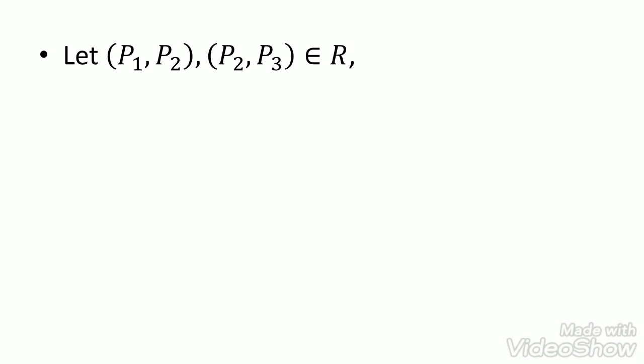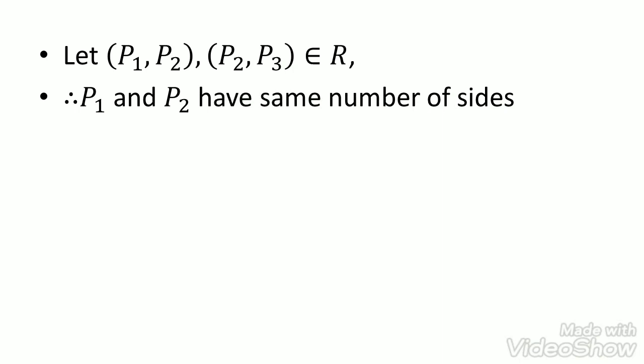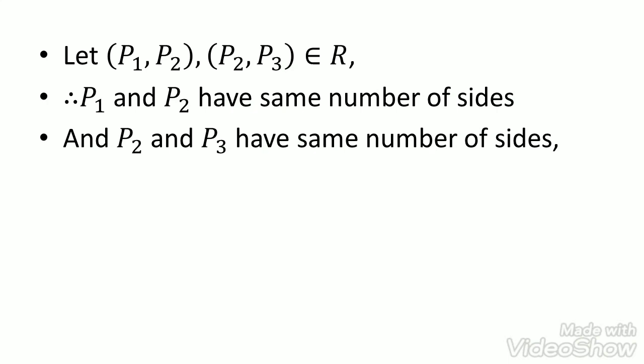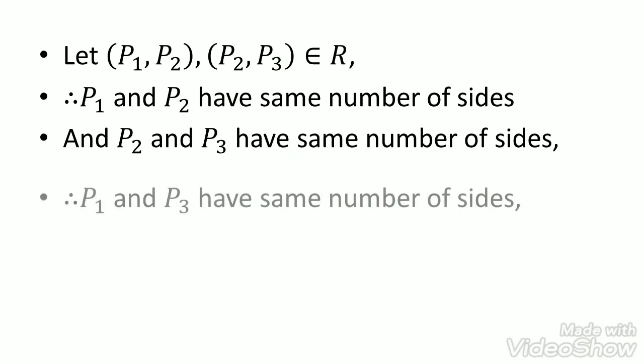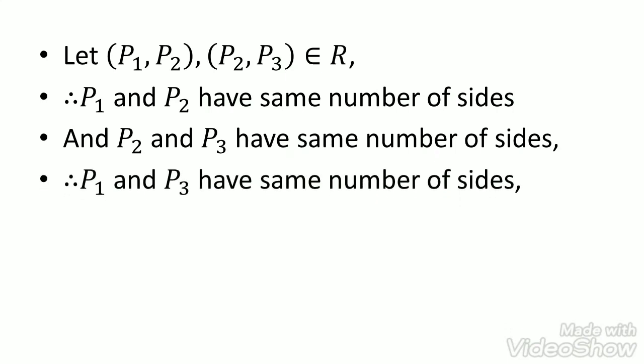And then the next one, for transitivity you consider two pairs. Suppose P1 is related to P2 and P2 is related to P3, you write it in this way. Therefore P1 and P2 have the same number of sides, P2 and P3 must have the same number of sides. So can we conclude that P1 and P3 have the same number of sides?